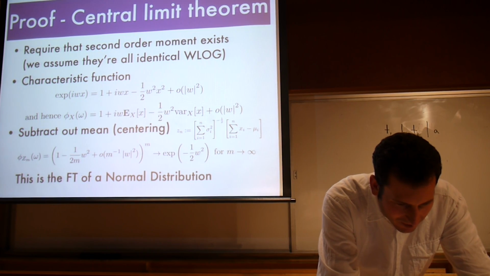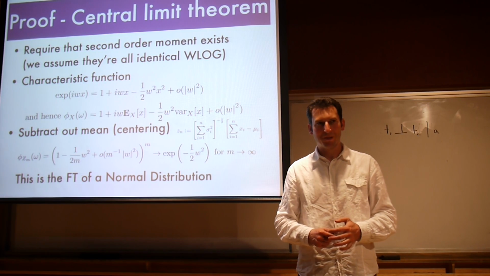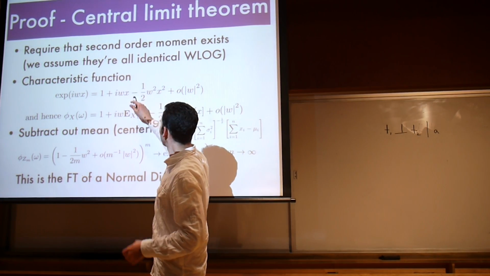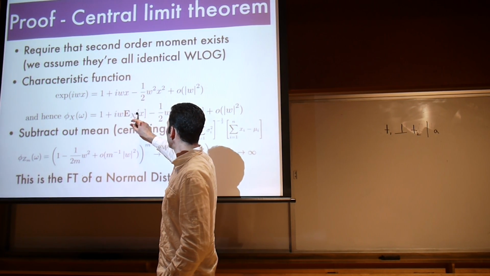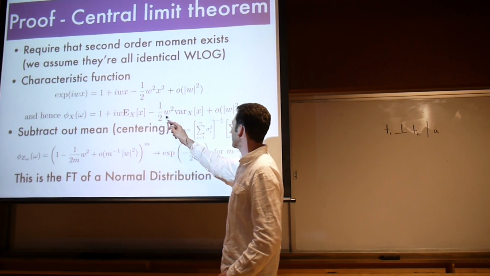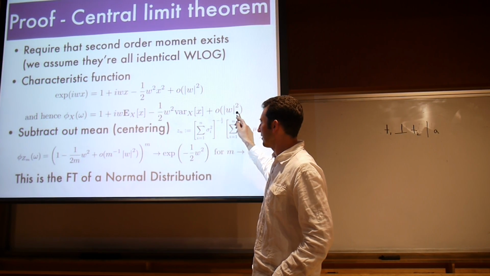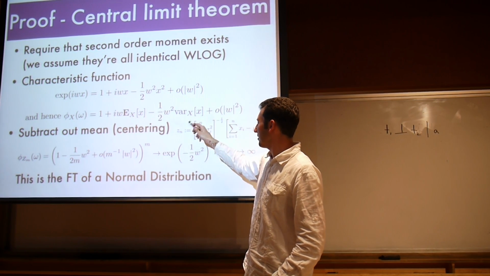Good. Central limit theorem, you basically use the very same proof technique. So we already subtracted out the mean, so we need the second order term. Of course, I have to assume that this one exists. So the mean is gone. So here we have the variance. Then we just subtract them. We center, we rescale.